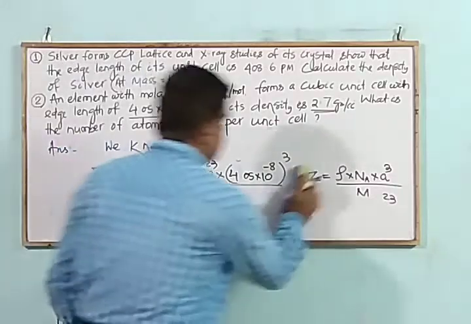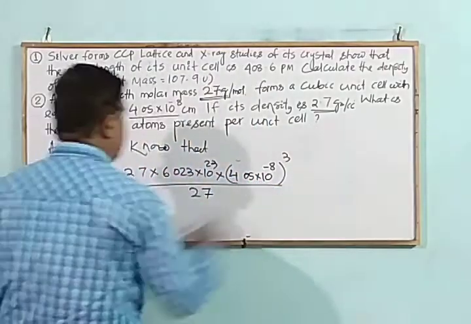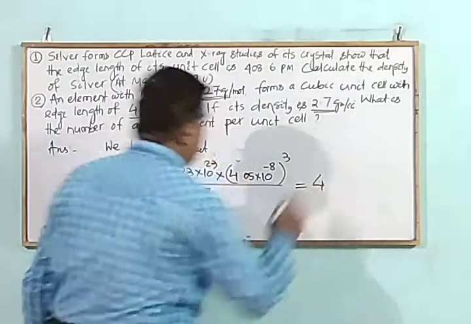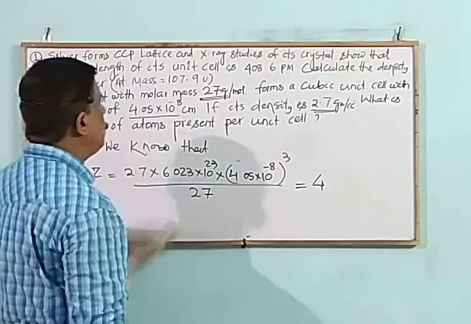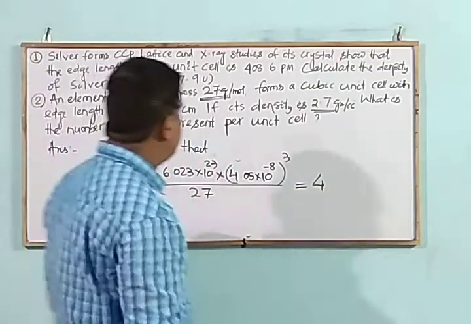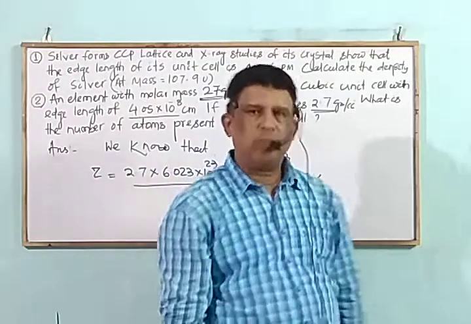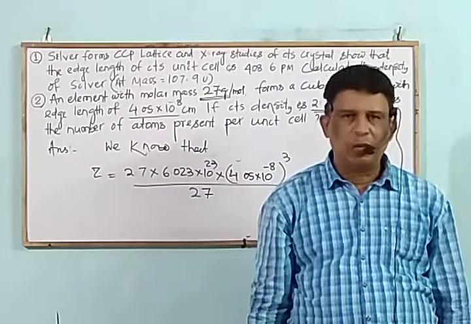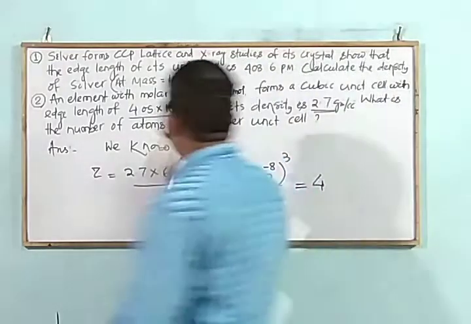So on solving this value, the answer is 4. That means the total number of atoms present in the unit cell is 4. Move to the second problem, mark that.